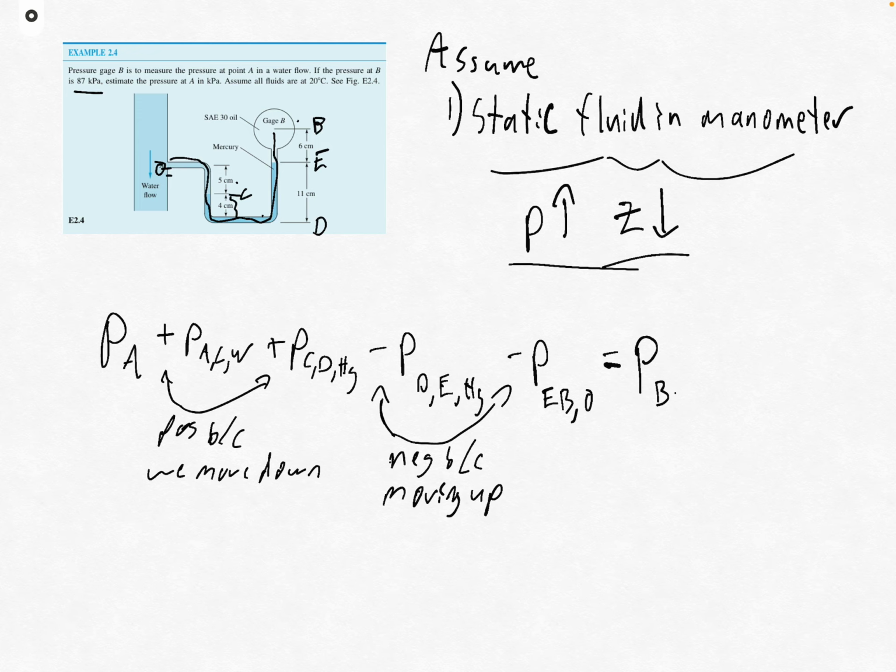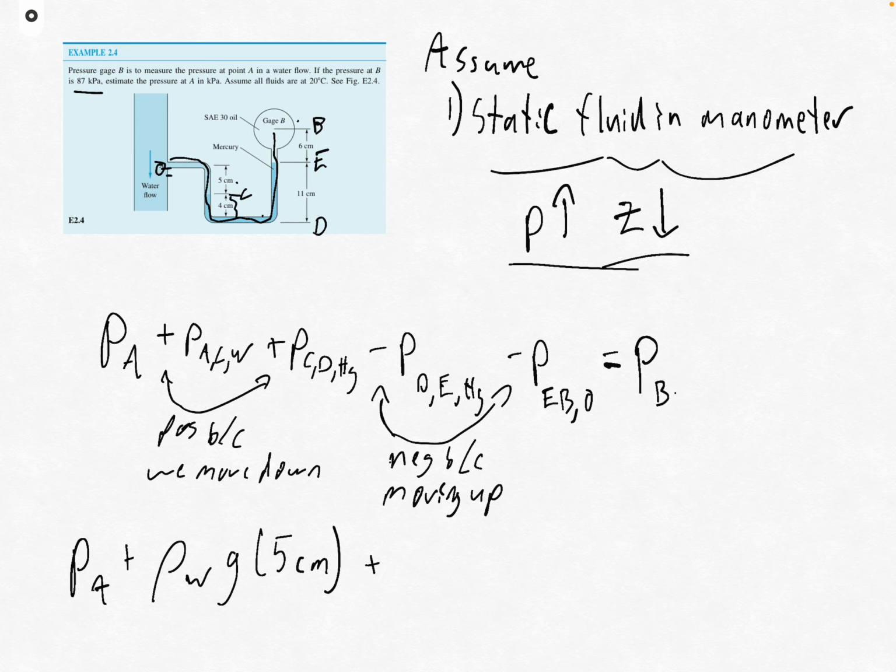And so we're going to have PA plus rho water times G times 5 centimeters, because that's the height of that fluid column.